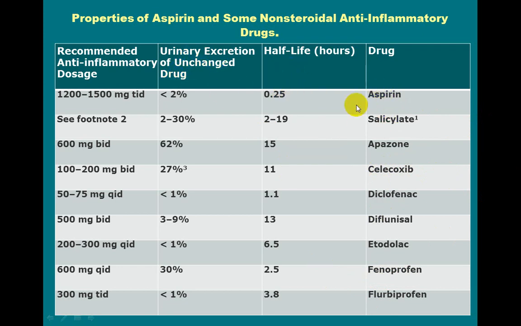For example, the half-life of aspirin is about 0.25 hours, urine excretion of unchanged drug is less than 2%, and the recommended dose is 1,200 to 1,500 milligrams TID, and so on for the other types of nonsteroidal anti-inflammatory drugs.